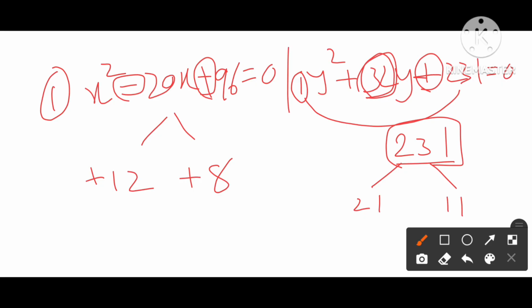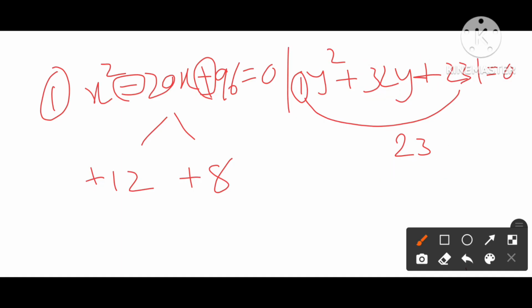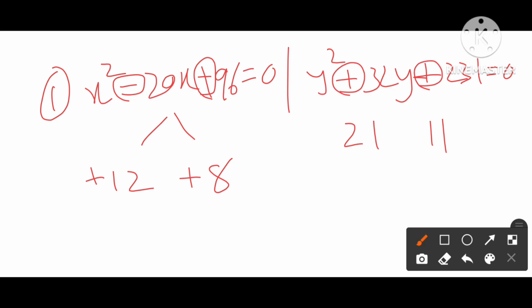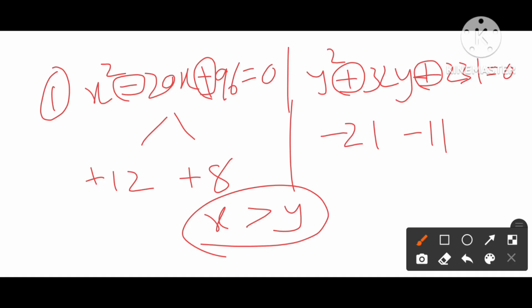So these two are the roots. So the roots we get are 21 and 11. Here we already learned that plus and plus means both the roots are negative. Okay, by comparing these two, x, with positive values, is greater than y. This is how we compare the equations.